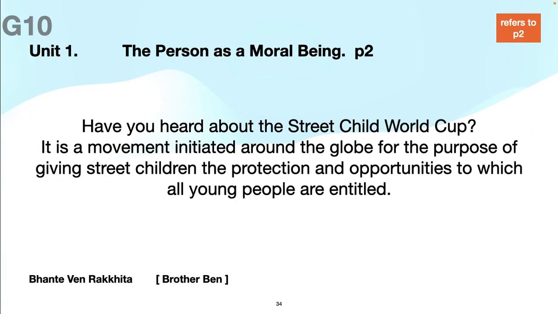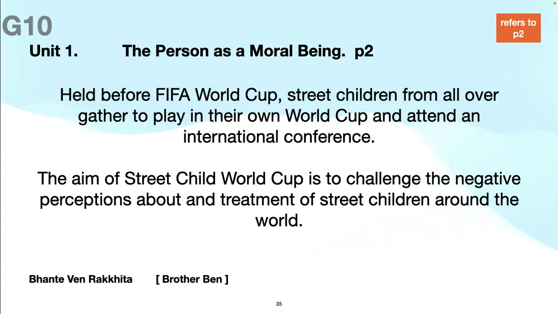Street Child World Cup. Have you heard about the Street Child World Cup? It's a movement initiated around the globe for the purpose of giving street children the protection and opportunities to which all young people are entitled. Held before the FIFA World Cup, street children from all over the world gather to play in their own World Cup and attend an international conference.